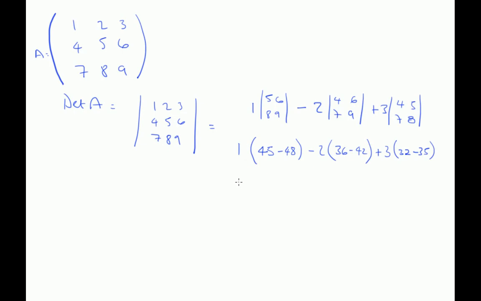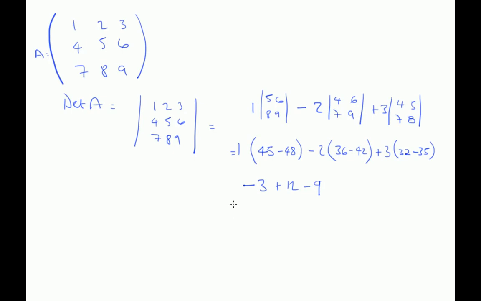Okay, so we get the value of minus 3. 36 minus 42 is minus 6, times minus 2 is plus 12. 32 minus 35 is minus 3, times plus 3 is minus 9.